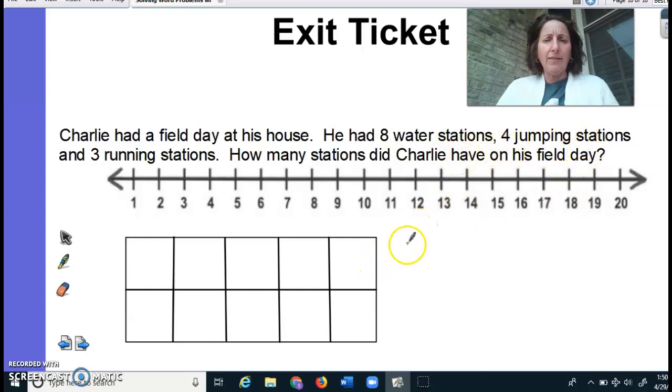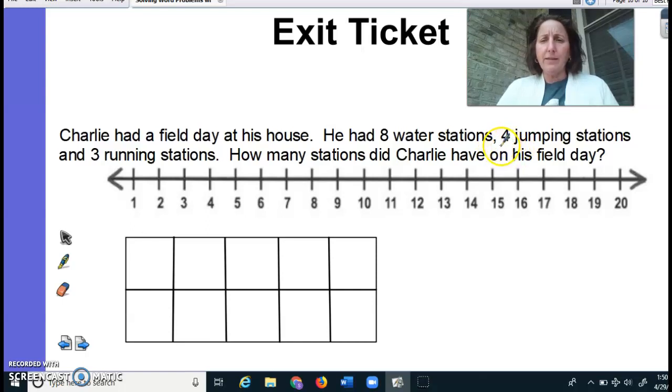Now, I'm looking at this problem, and the numbers are 8, 4, and 3, and I don't see a combination of 10 there. So you might want to draw on your paper a number line and use that number line to do your jumps, or you could take one of these numbers, like the number 4, and you could split it apart and think about what two numbers make 4. 2 plus 2.